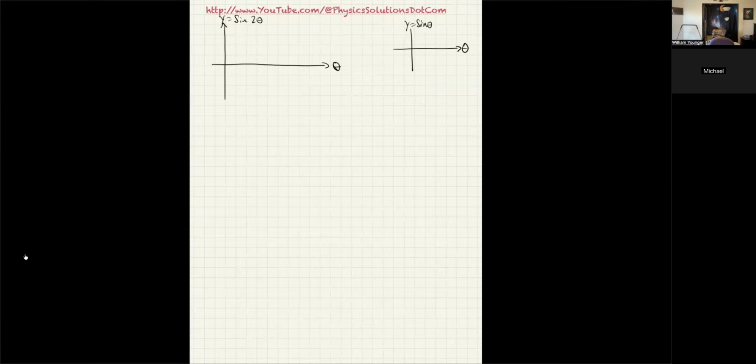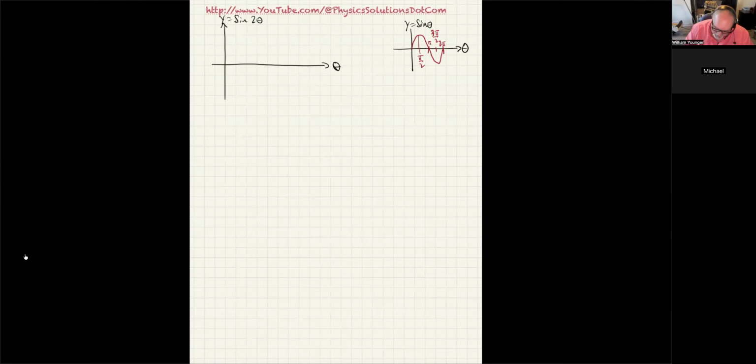It's basically a peak and then a trough like that. This is the angle 2 pi. This is the angle pi. This is pi over 2. This is 3 pi over 2, so on and so forth.